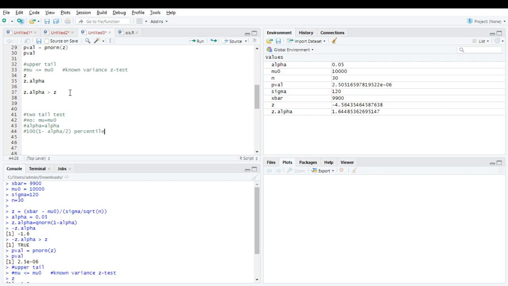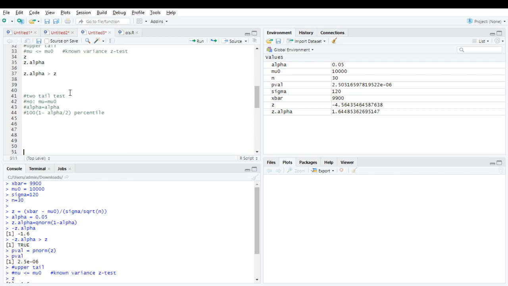Now took one problem. Suppose the mean weight of some penguin found in Antarctica colony last year is 15.4. So this 15.4 is your mu 0.